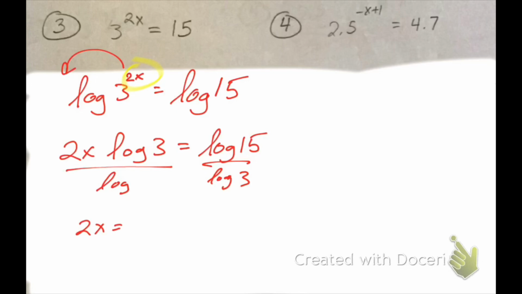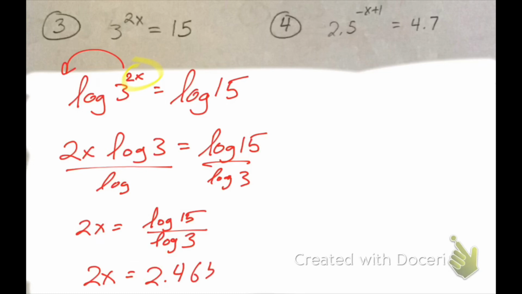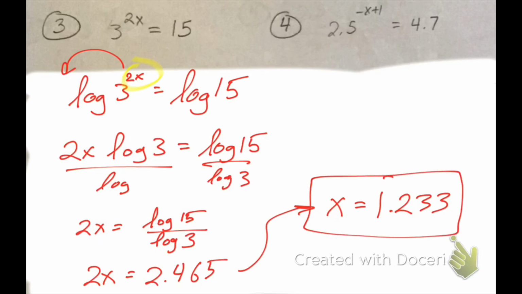I get 2x is equal to log of 15 over log of 3. Now when you enter this into your calculator, that gives you 2.465, and then you divide both sides by 2, and that's going to give you 1.233. Now you might get a slightly different number due to rounding, but if you're in that ballpark, then you should be good.